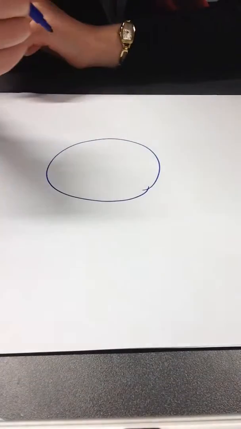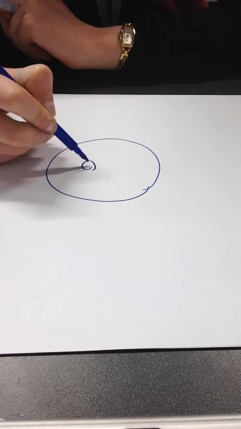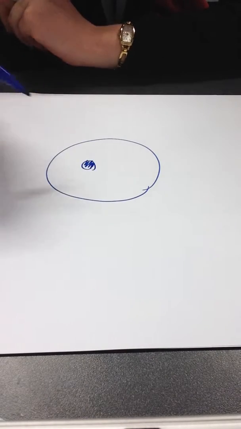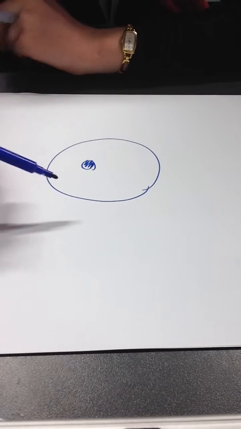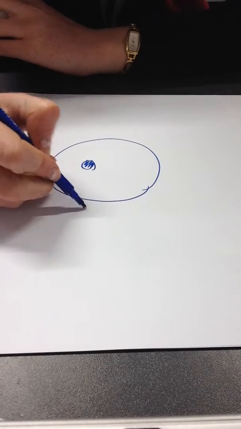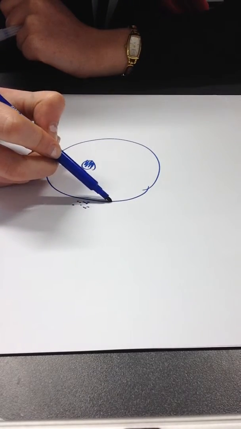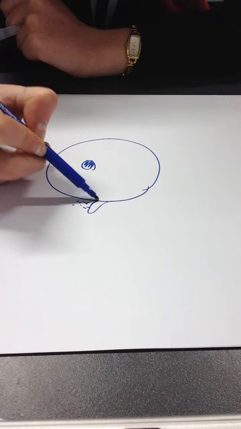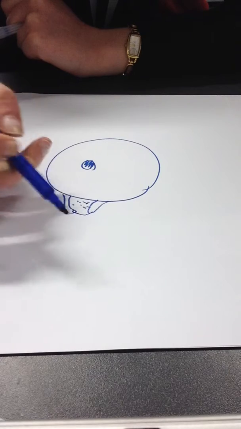One more thing that we're going to cover for transport across membranes is endocytosis and exocytosis. You've got your cell, here's the cell membrane, here's our nucleus. Endocytosis is what we call it when particles are outside of the cell, and the cell sends out these projections and engulfs these particles on the outside.